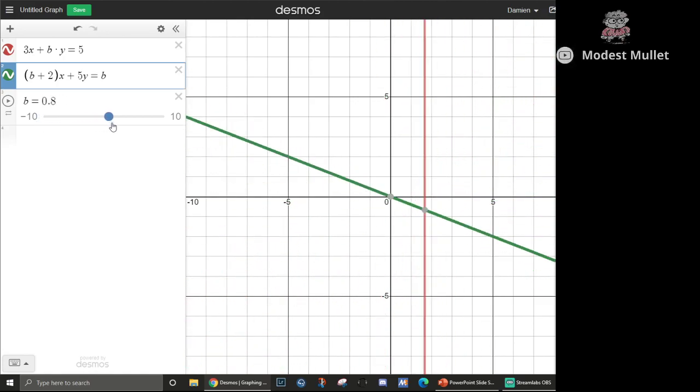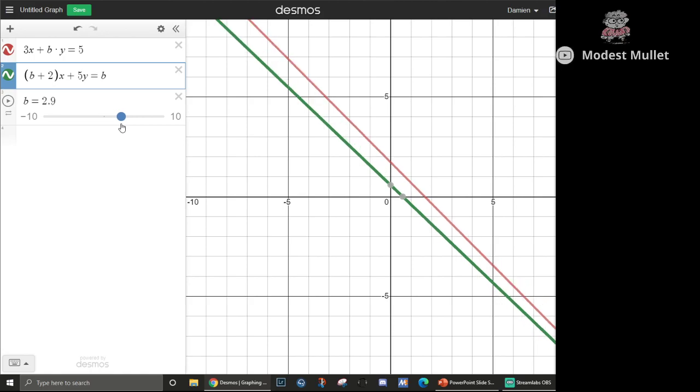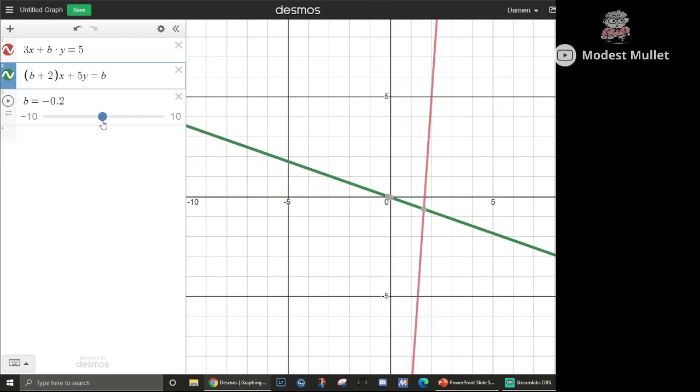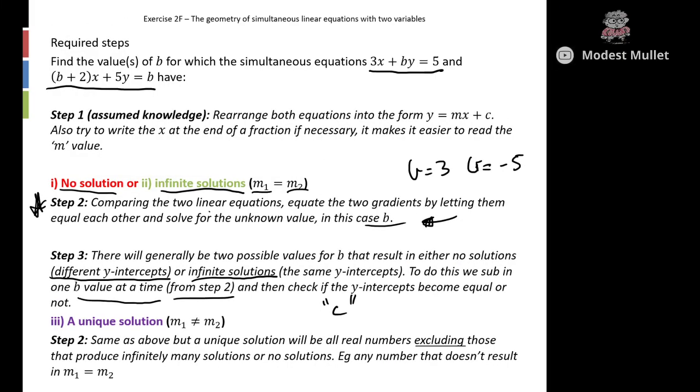Okay, so the trick is knowing that apart from the two special situations, every other value for b will actually result in one solution. It's easiest to find the two special values of b, and then your actual answer will be any other value apart from those two special values.